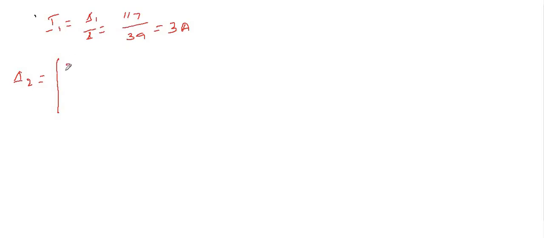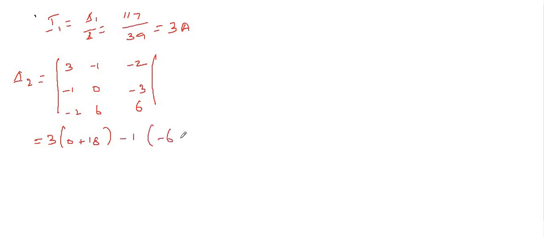So the matrix is 3, minus 1, sorry minus 2, minus 1 0 minus 3, minus 2 6 and 6. So we'll find the determinant for this value. So it will be 3 into 0 plus 18, and minus 1 into minus 6 minus 6, minus 2 into minus 6.